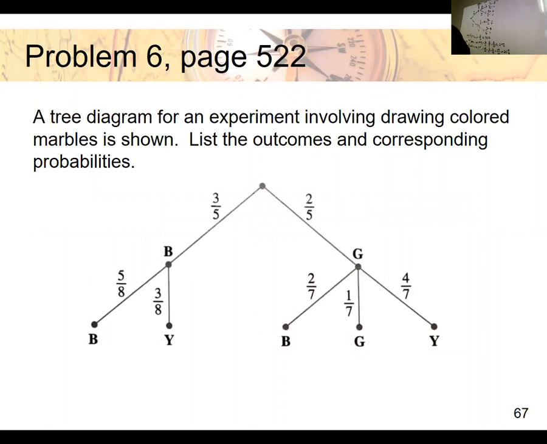All right, now let's take a look at problem number 6 on page 522. In this case here, the tree diagram for an experiment involving drawing colored marbles is shown. Here I want to list the outcomes and the corresponding probabilities. Okay. Does everyone have this right up here? Okay.